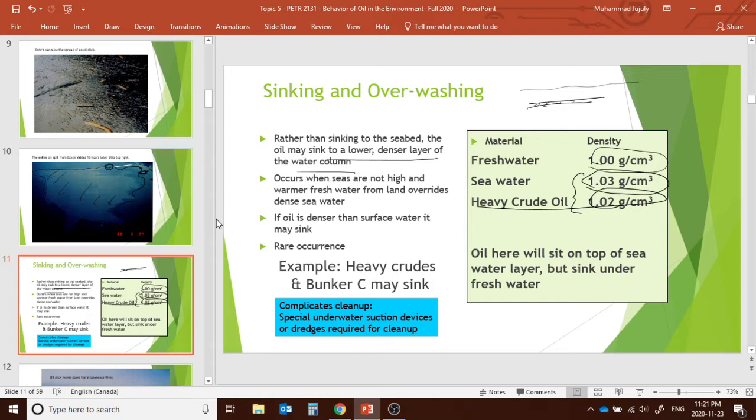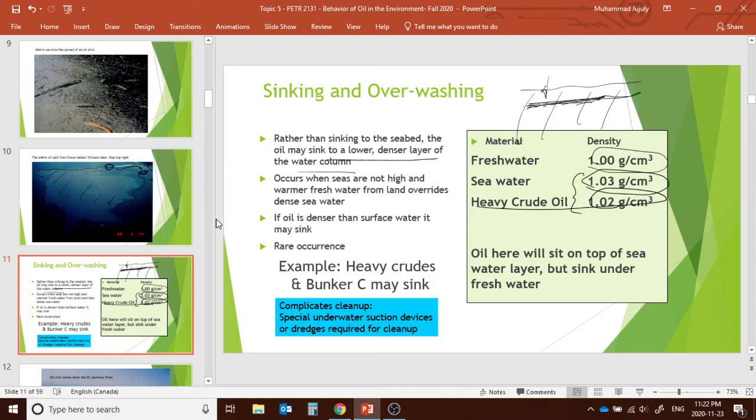So sometimes the oil can actually go in between the water. Like, this is the water. Now you can find oil in a layer inside the water column, and this is very dangerous, because from the top you cannot see the oil. But the oil layer is still in here.